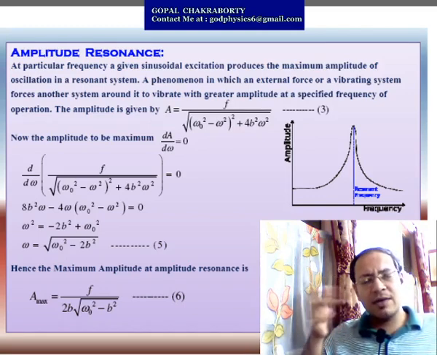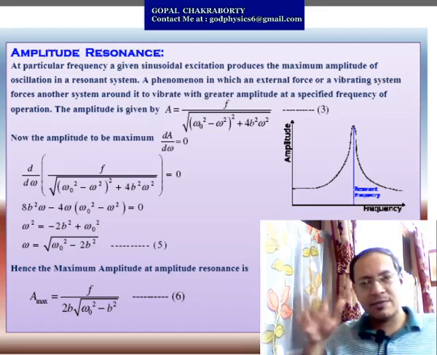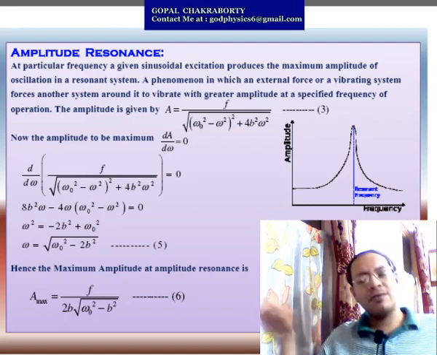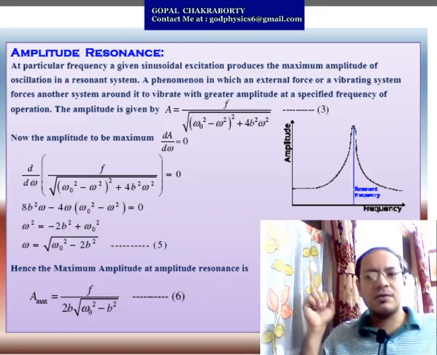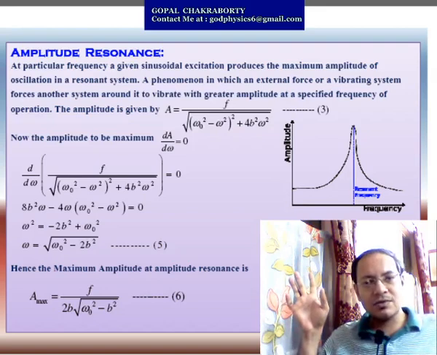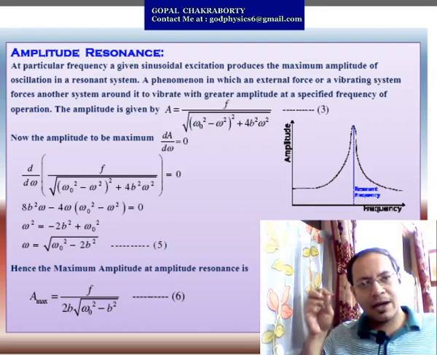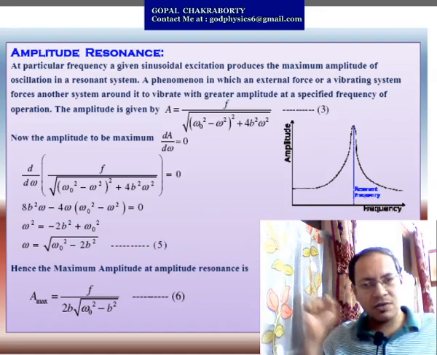So you simply take the first order derivative with respect to ω and set it equal to 0. That gives 8b²ω minus 4ω(ω₀² − ω²) equals 0.